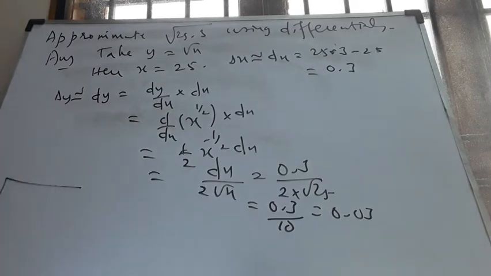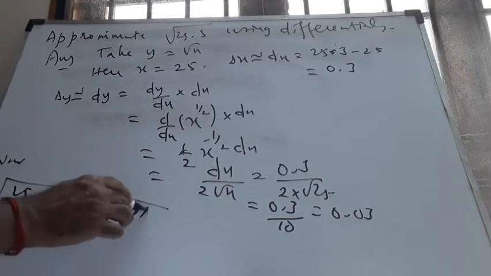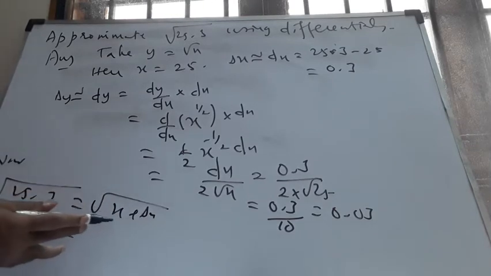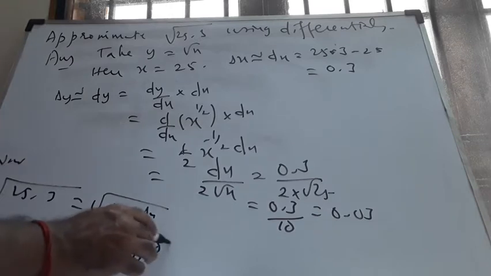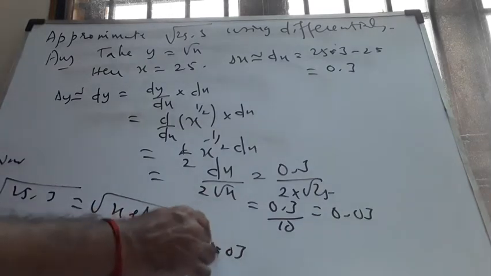Now come back to the original question, 25.3. This is root of x plus delta x. When there is a change in the variable x of delta x, the corresponding change in the variable y is delta y. This is root of 25 plus 0.03. Therefore, 5.03 is the answer.